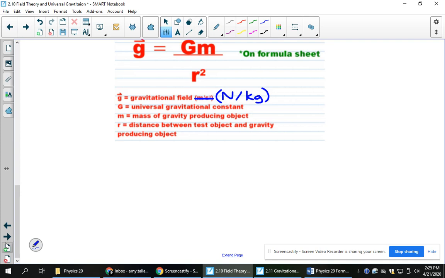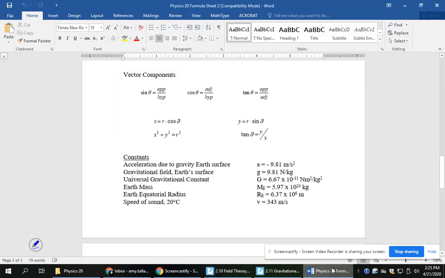It's the same everywhere in the universe. It's a constant number that's on your formula sheet. So big G is on the bottom of the second page, 6.67 times 10 to the negative 11 newton meters squared per kilogram squared. It sounds like a handful, but it's actually pretty easy to work with as long as you know scientific notation.